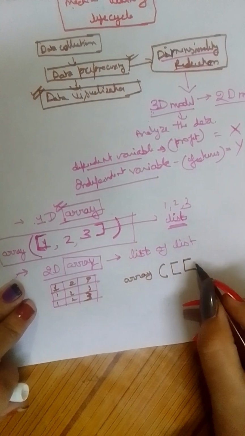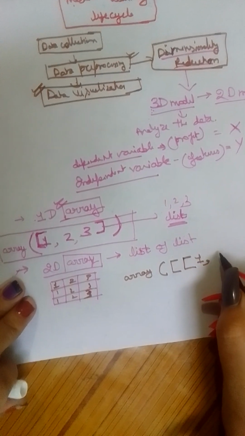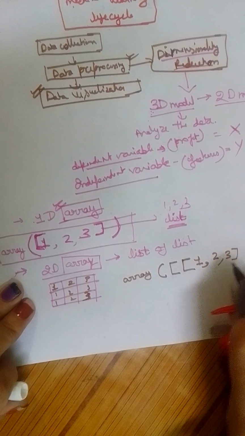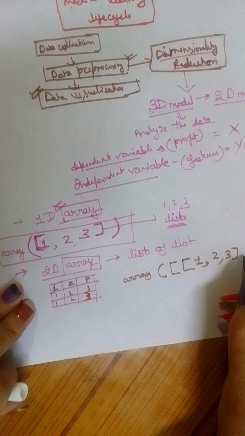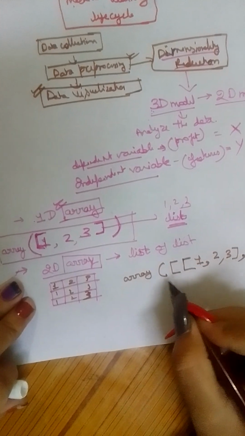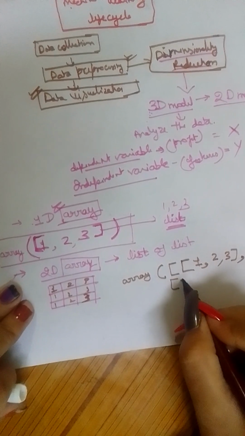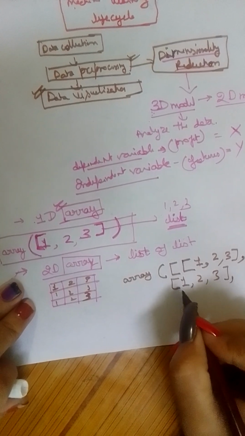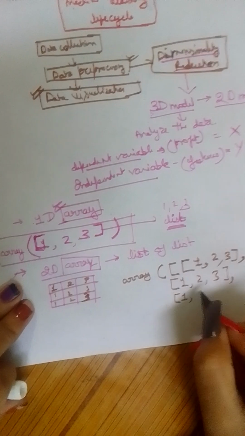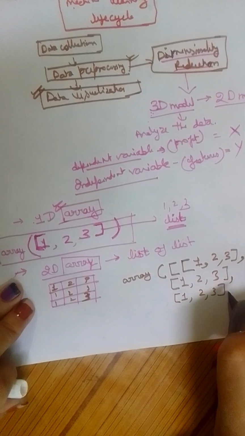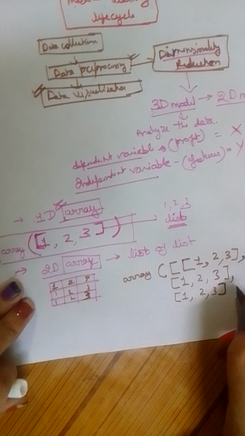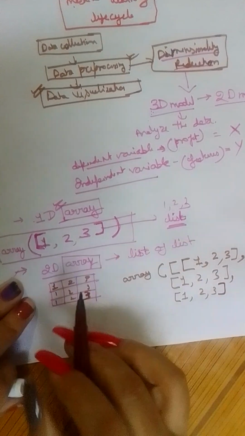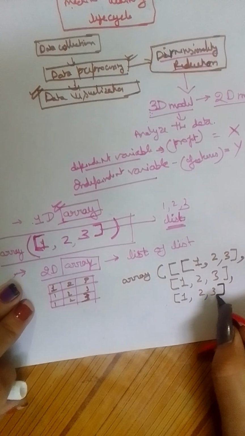After that you will write 1 2 3, then add a comma here, and then write 1 2 3, again add a comma, and now write 1 2 3. This is all the data you have, and after that you will close your list.